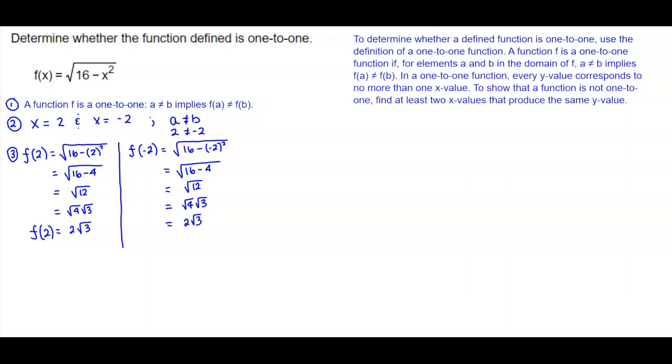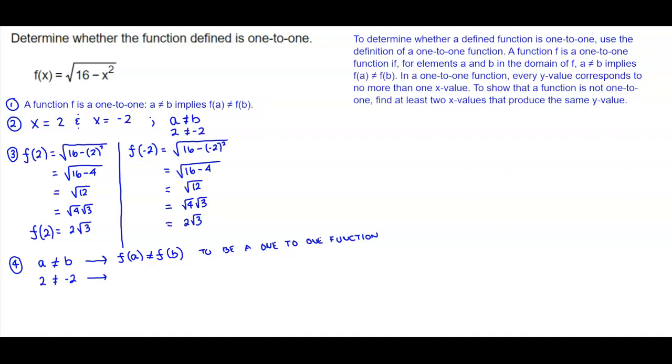So what happens here? Okay, so we know that in order for a function to be 1 to 1, a does not equal b, so we know that 2 does not equal negative 2, and it has to imply that f of a does not equal f of b to be a 1 to 1 function.